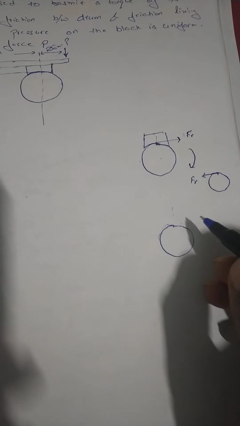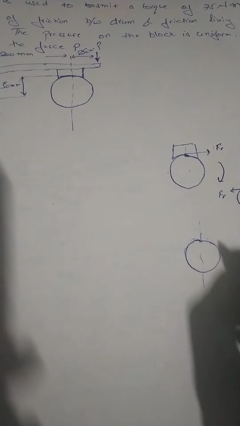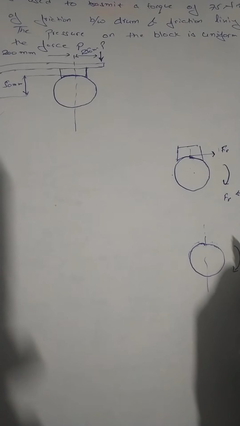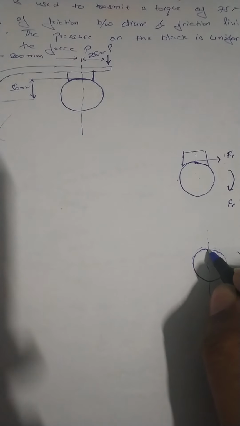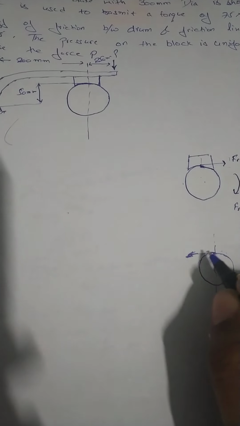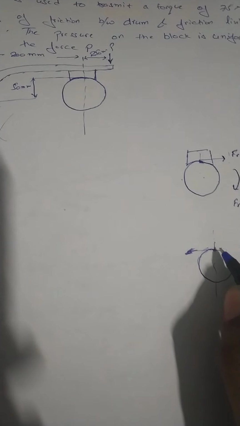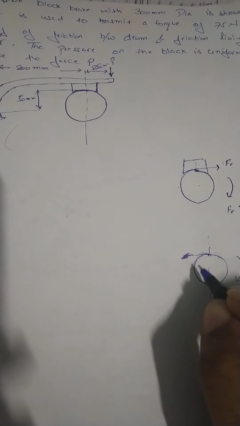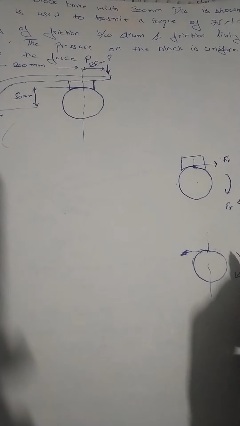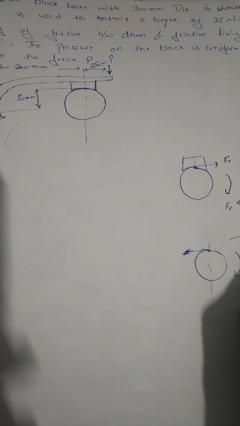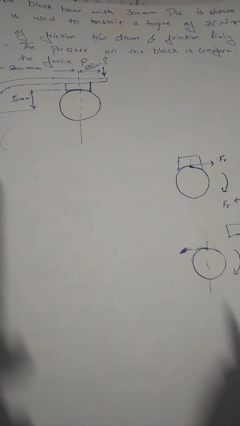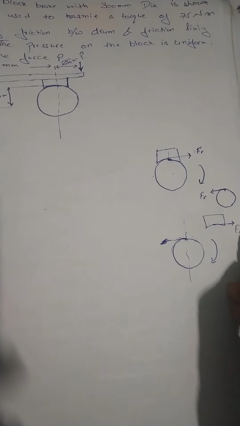If we consider that the block is rotating clockwise, then the resisting force will be opposite to the rotation of the block, but on the shoe it will be in the direction of rotation of the block, Fr.